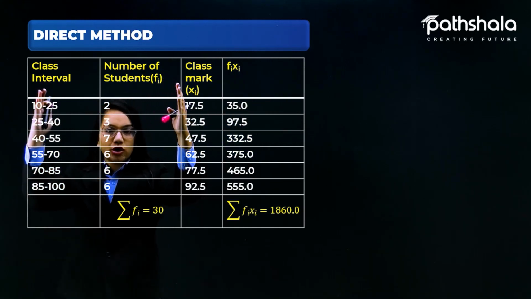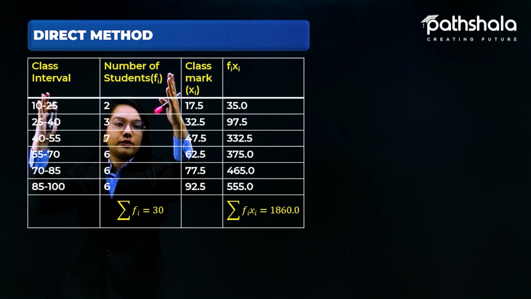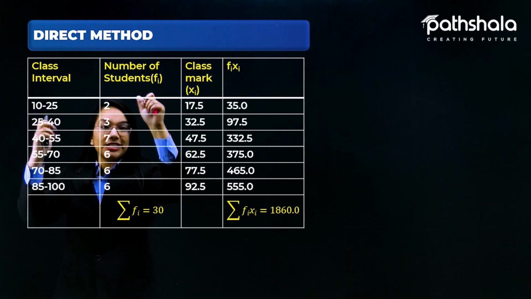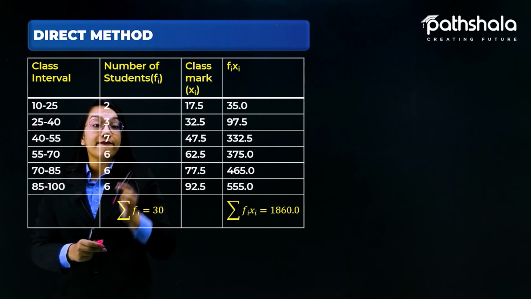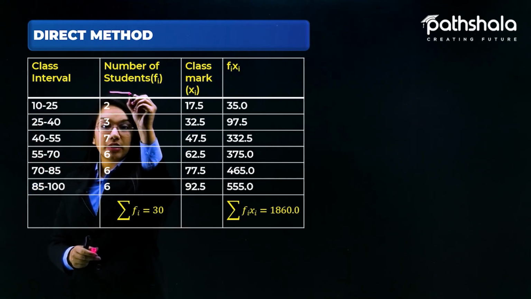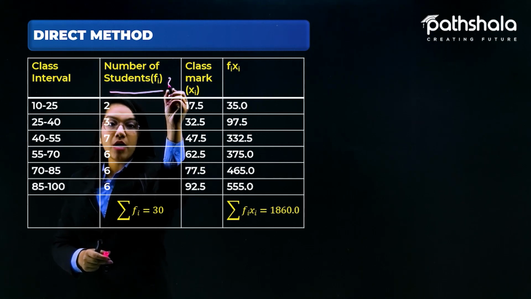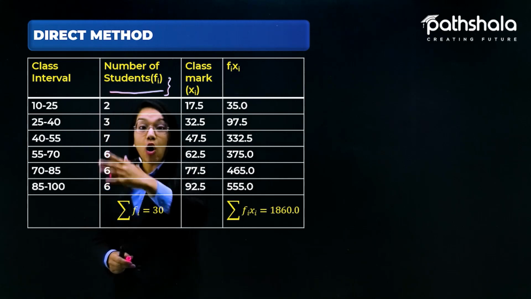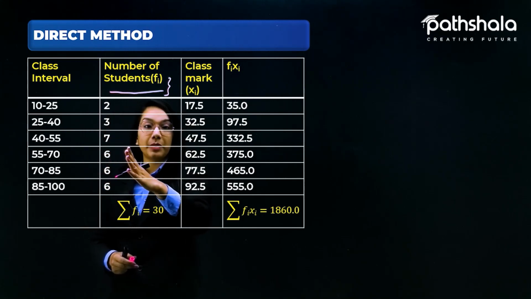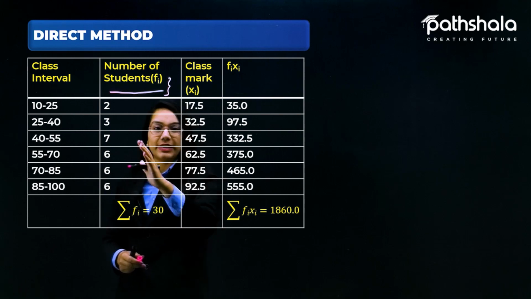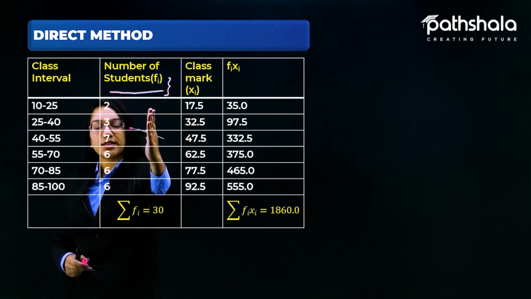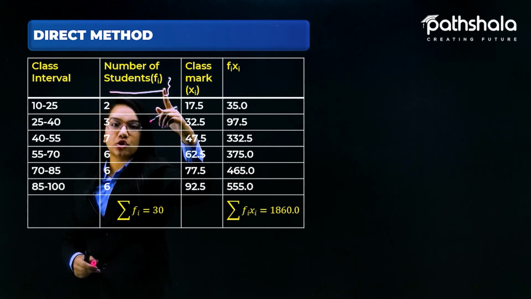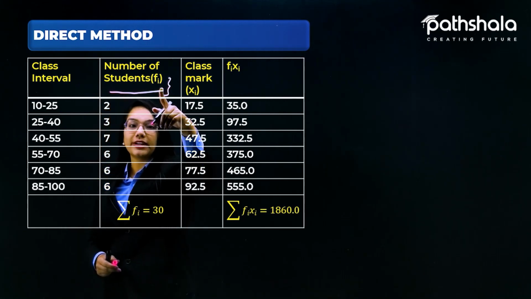This was the given question, the class intervals and the number of students. The number of students represents the frequencies, which is represented as Fi. Whenever we have a table along with the class interval, that would be the table of the frequency.